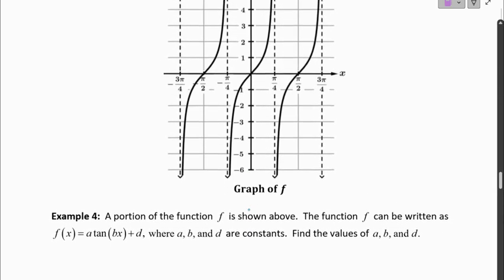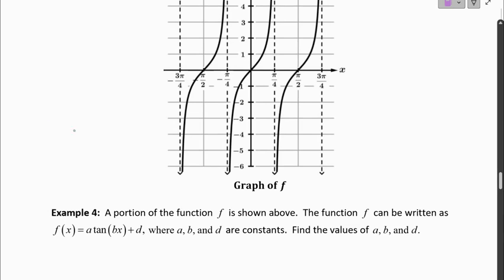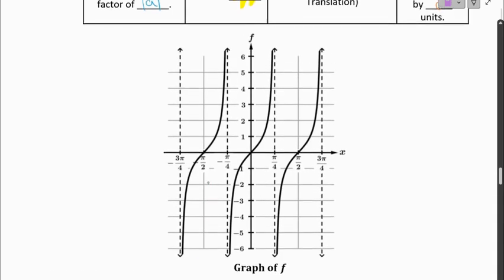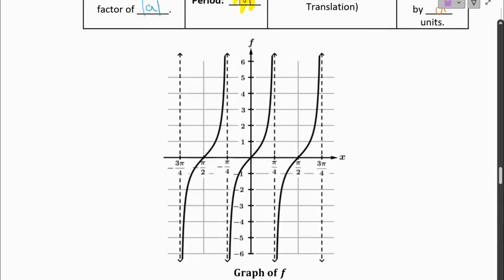The nice thing with tangent is that finding the period is really nice, because all you have to do is go from vertical asymptote to vertical asymptote and see what that distance is. So I'm going to go from this one to this one. That's negative pi fourths and then positive pi fourths. So I just need to figure out that whole distance. Well, that would be pi halves.